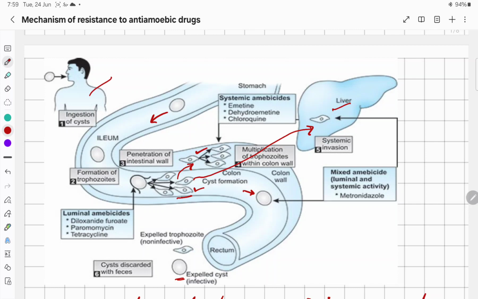As we said, amoebiasis can be luminal, in the intestinal lumen, or extraintestinal or tissue amoebiasis, where it can infect the intestinal wall and liver.